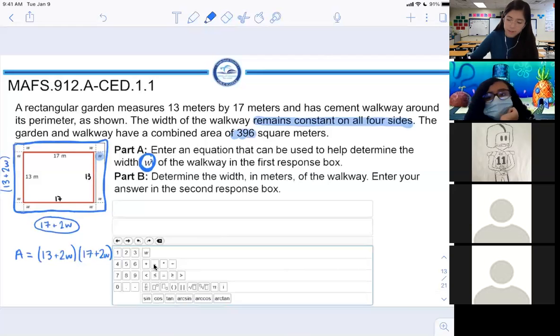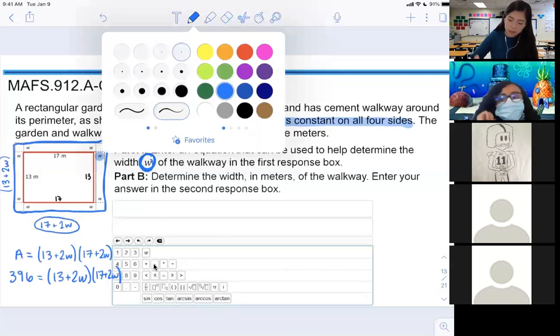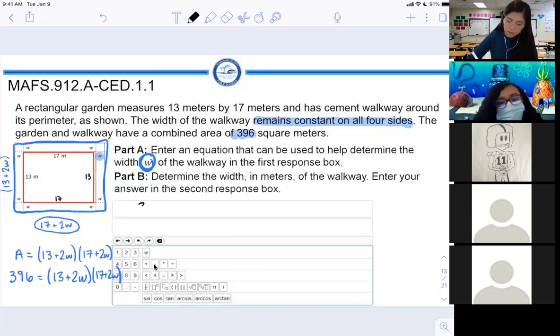I have that over here, 396. So my final equation would be 396 equals 13 plus 2W times 17 plus 2W. And that's what you would enter into the first box. 396 equals 13 plus 2W times 17 plus 2W.